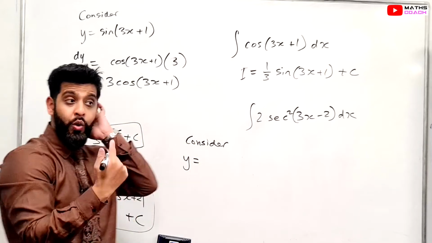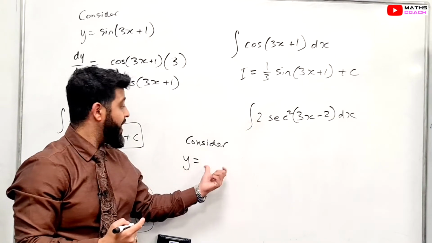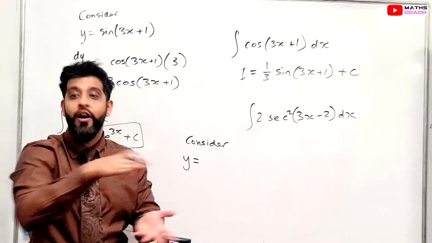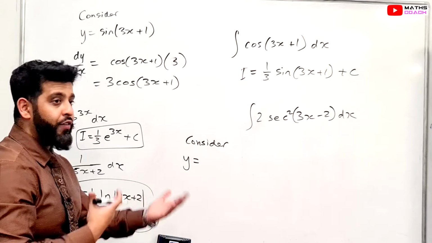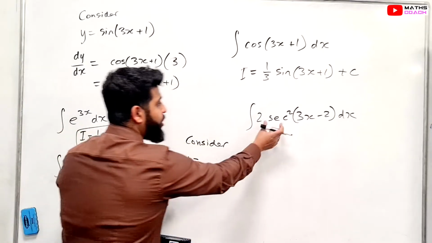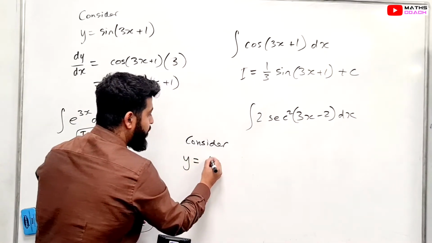So you can do one of two things. You can either include your 2, or your value, whatever it is, in your consideration, or you can manipulate in the 2 afterwards. It's totally up to you. I can show you both examples, but just to make it simple, I'm just going to look at the pure trig itself.